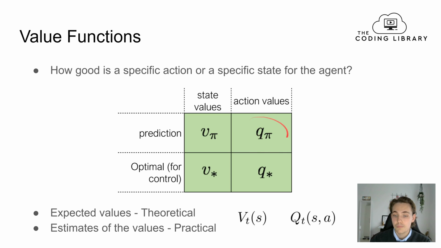The q subscript pi and v subscript pi here denote the policy that we're following. In the case of the state value, we calculate the value for the next action we take, and after we've taken that action, we just follow the policy that is given for the agent.